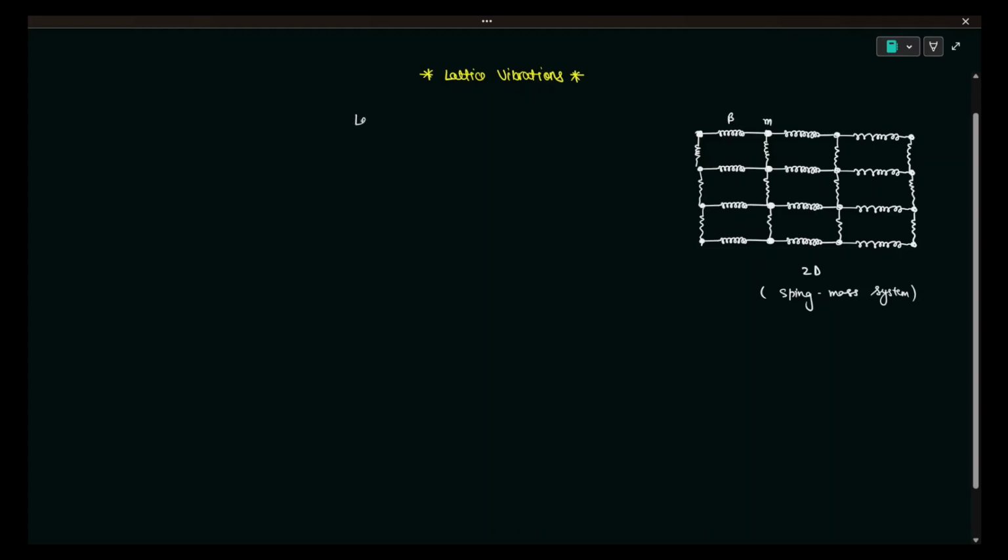Now, for the lattice vibration, there are two choices. First choice is this lattice can freely vibrate in its normal mode, or there can be some forced vibrations.